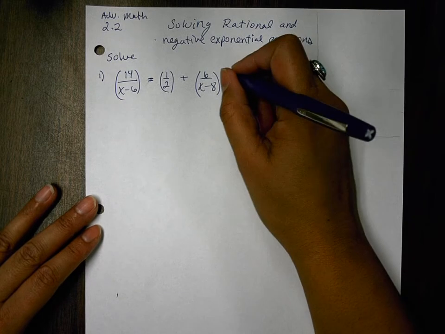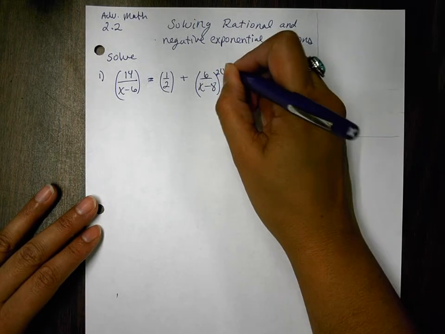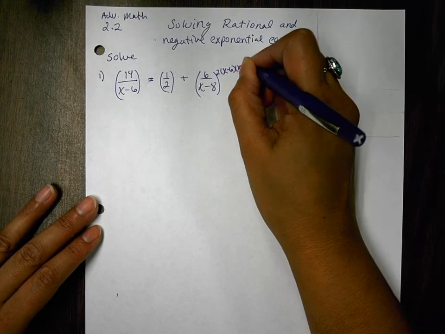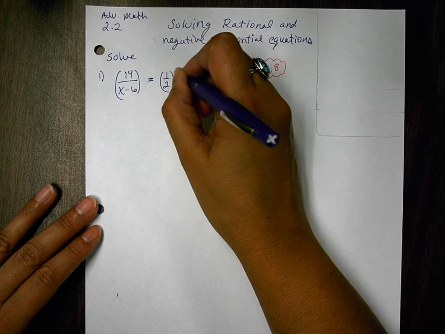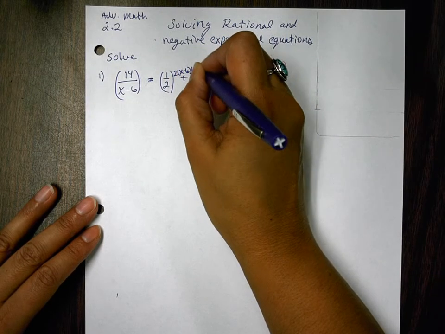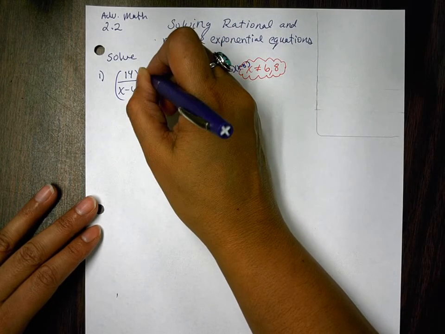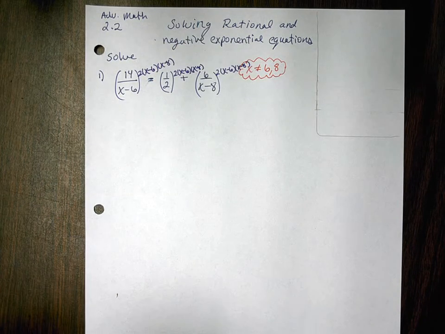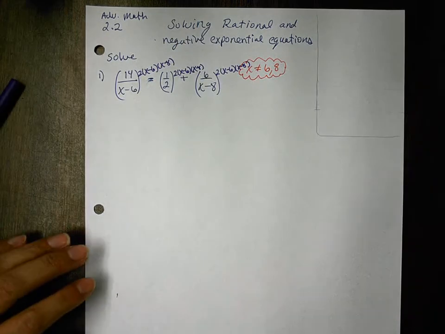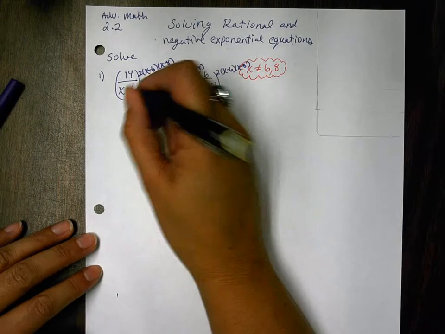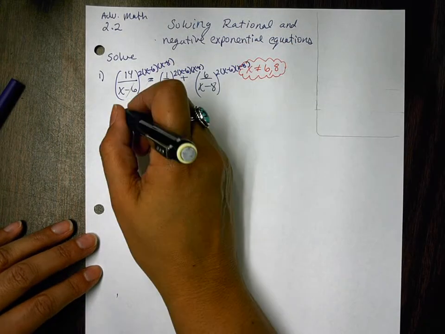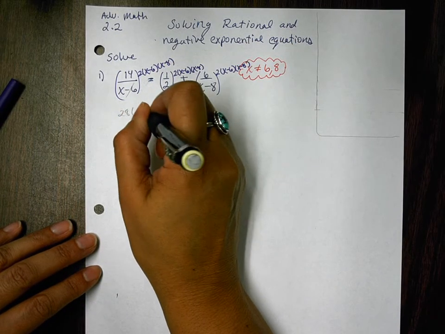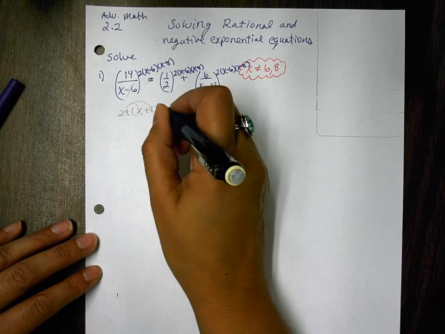My common denominator is 2 times x minus 6 times x minus 8. I multiply each term by it. The x minus 6 reduces, and you have 2 times 14 is 28, and I'll distribute that times x minus 8 on my next step.